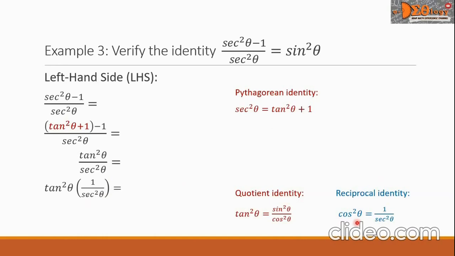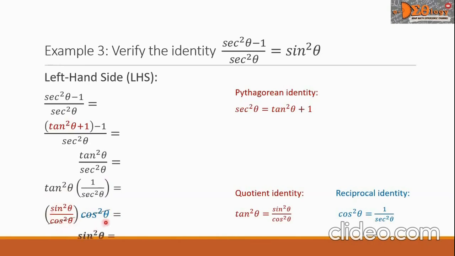Substituting now the respective values, the tangent square theta is now replaced by sine square theta over cosine square theta, while the 1 over secant square theta is equal to the cosine square theta. From here, I can see that this cosine square theta can be cancelled with the cosine square theta in the denominator.